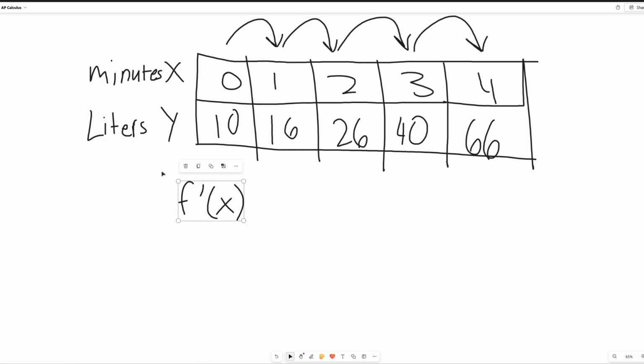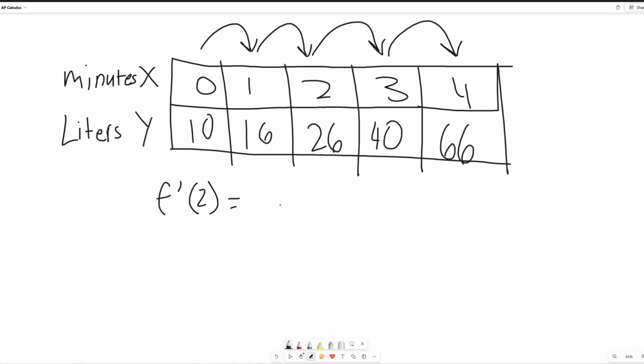So, how do you approximate? We're going to just say f prime of 2. Well, since you don't have a function, but you have values, you do the average rate of change over this interval. That would be your approximation of f prime of 2. It's not an exact value, but it's pretty good because you have the change over this interval.